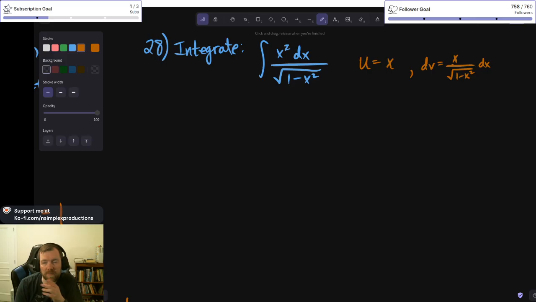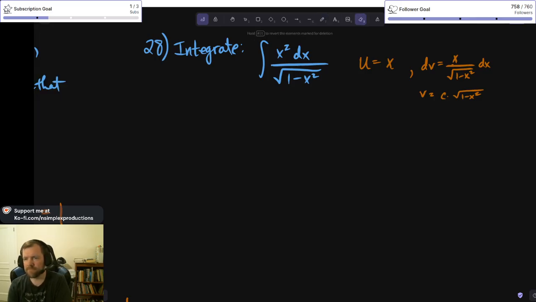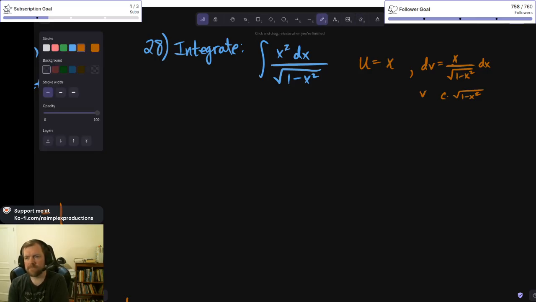That might actually give me the wrong thing that I'm thinking of, but... Okay, so this would be some constant times the square root of 1 minus x squared in the numerator. And then du would just be dx.